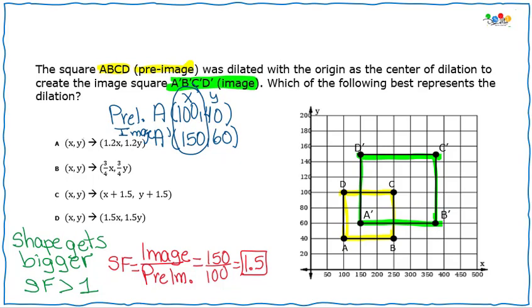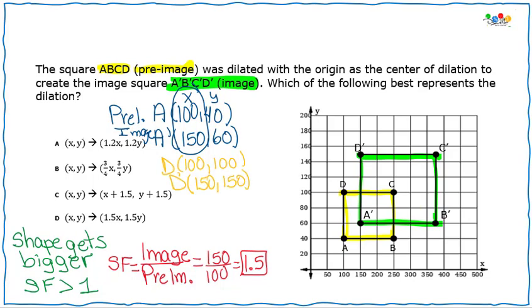Is that right? So what I want to do next is compare another one. Let's choose D and D prime. Okay? Let's find the coordinates for D. D has coordinates of 100 and 100, and D prime has 150 and 150.